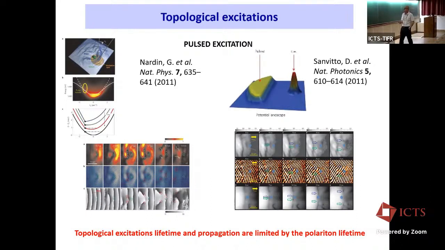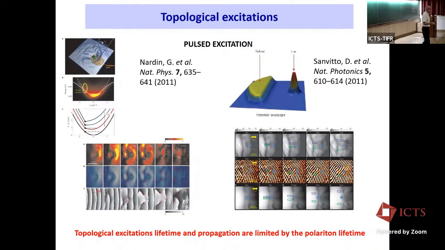Here the polariton fluid is created by pulsed excitation, and during the propagation it interacts with an obstacle, here created by another laser. In the wake of the obstacle, it is possible to observe the nucleation of a vortex and anti-vortex pair.